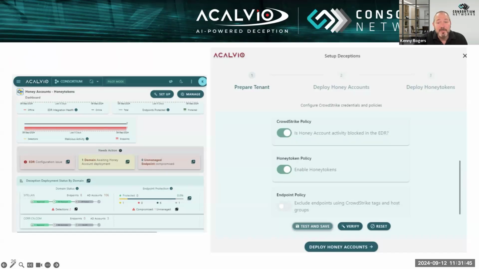Unlike other deception products, these honey tokens are dynamic and ever-changing, reducing the need to manually manage these decoys. Consortium Networks even ran this setup in our lab to document it for our customers to further simplify the process during a deployment. You're able to quickly set up and manage those honey accounts and then deploy them throughout the environment.